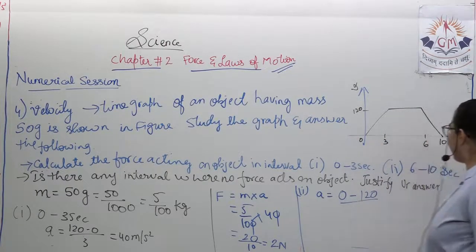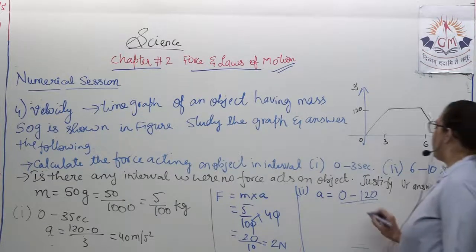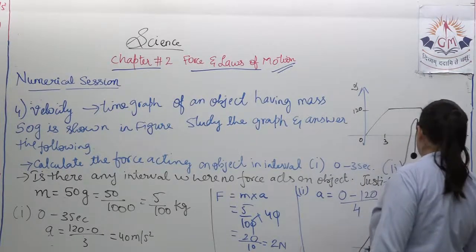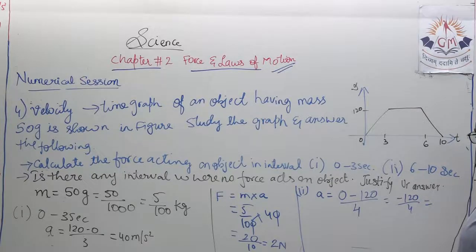Time taken is 6 to 10, so 4 seconds. It's minus 120 by 4, which is minus 30 meter per second square.